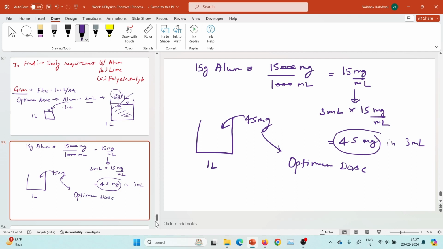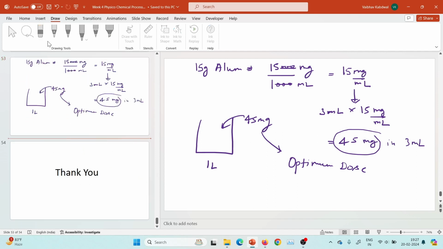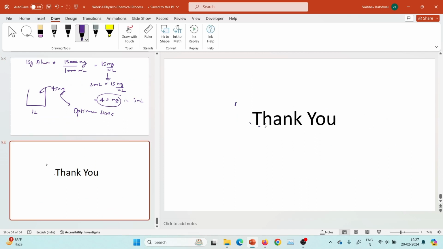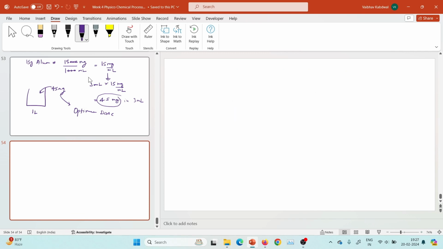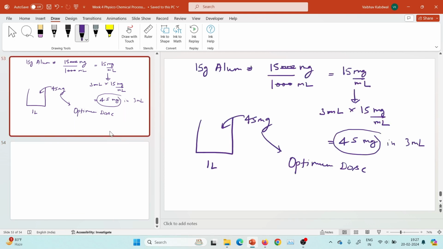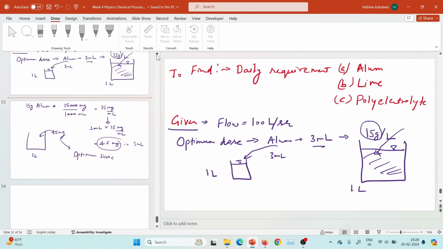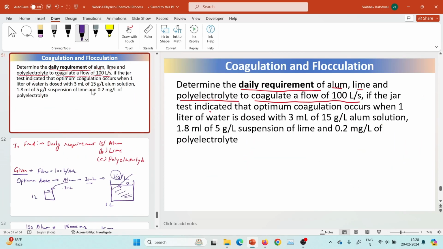Likewise we do this every time: 3 ml of 15 gram per liter alum solution, 1.8 milliliter of 5 gram per liter suspension of lime, and 0.2 milligram of polyelectrolyte.